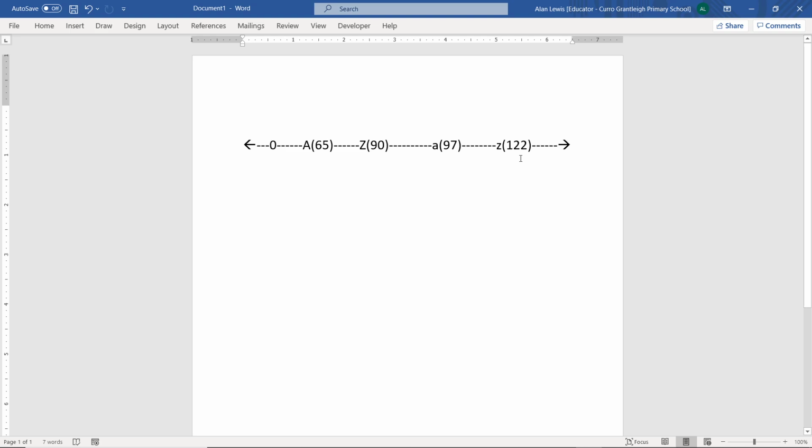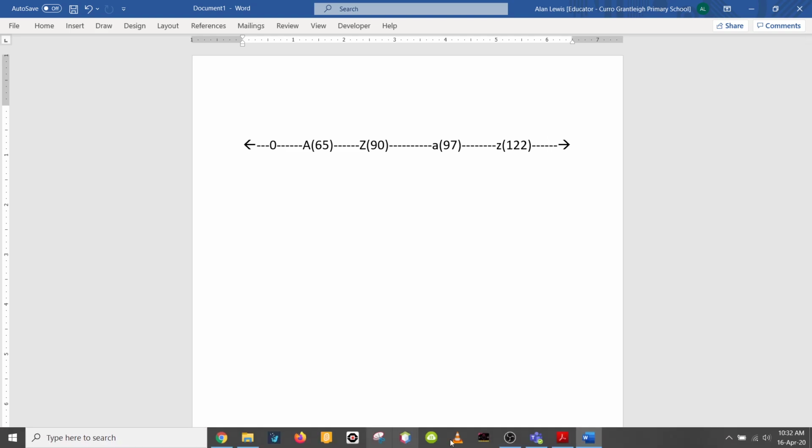Every single computer in the world uses those numbers. It's a standard called the ASCII standard. So we know that big A is less than big Z. We don't have to remember the numbers, just know that A comes first.